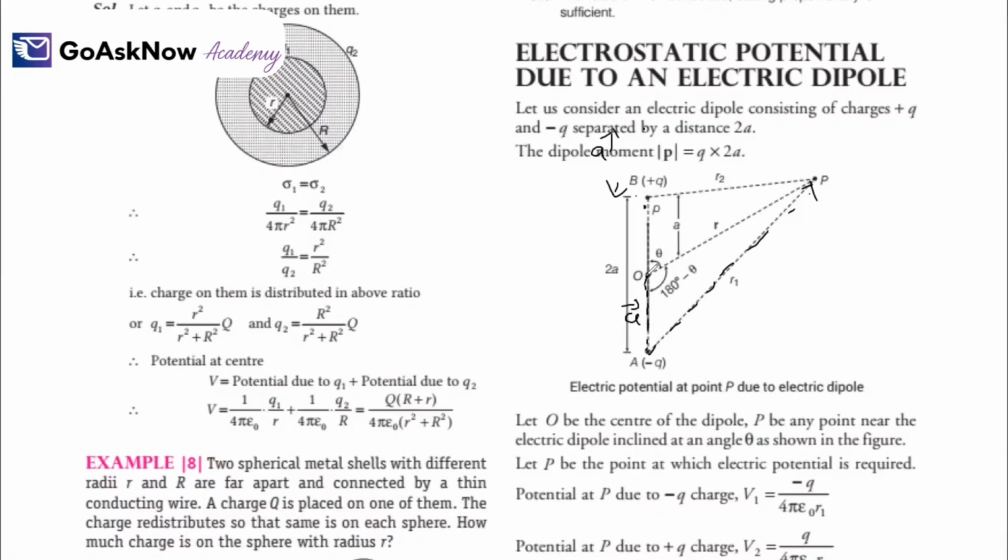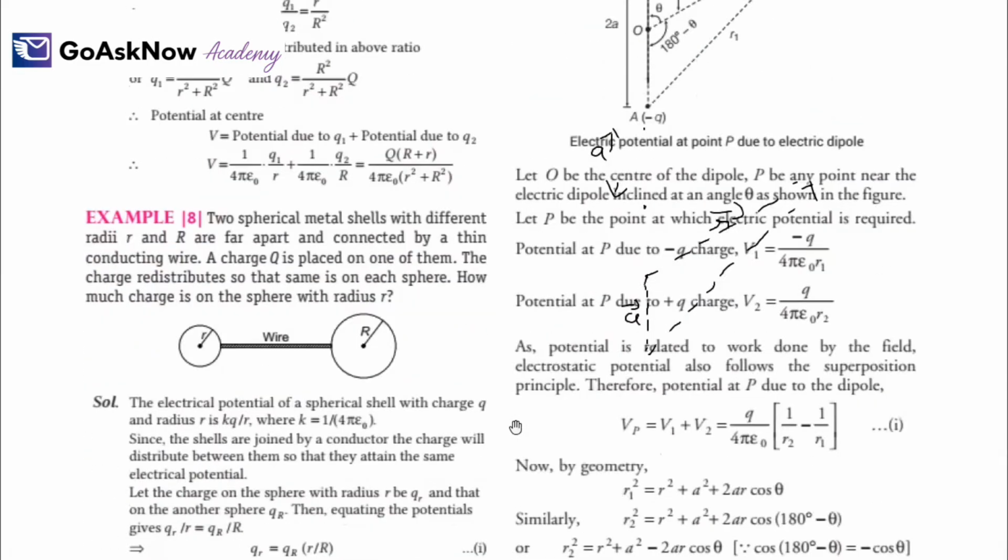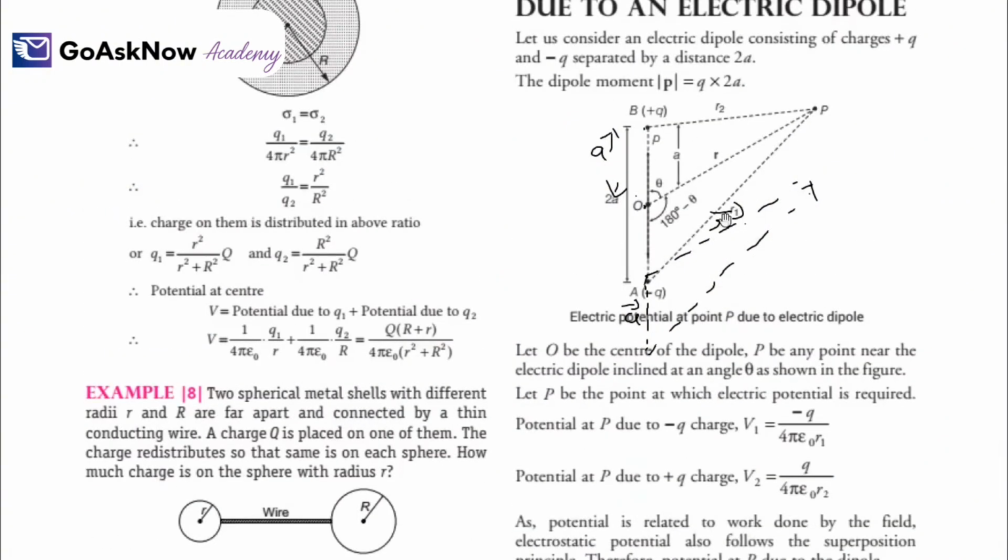And this is the small r vector. If you have two vectors and their resultant is one vector, the resultant formula will be a square plus b square plus 2ab cos theta. That is why we have applied this formula here.